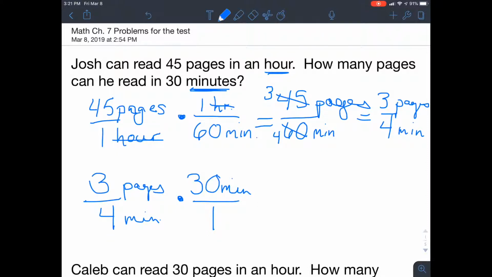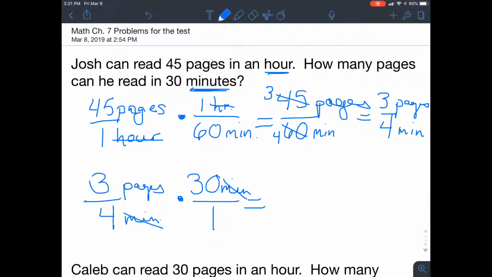Okay, now we just multiply here, and I can see that I have minutes here and minutes here. They're going to cancel out there because we have 1 on the top and 1 on the bottom. So we can get rid of those.